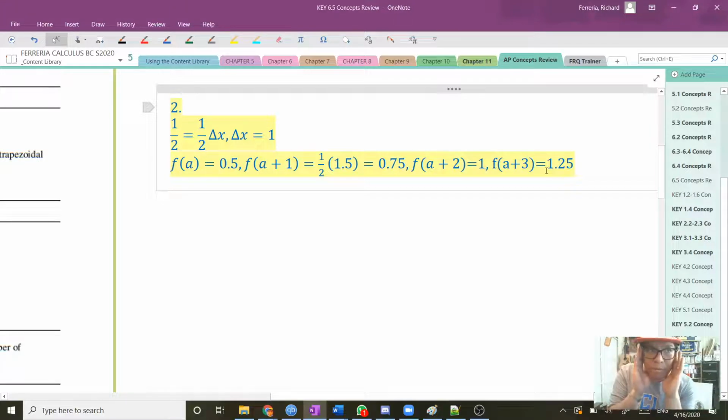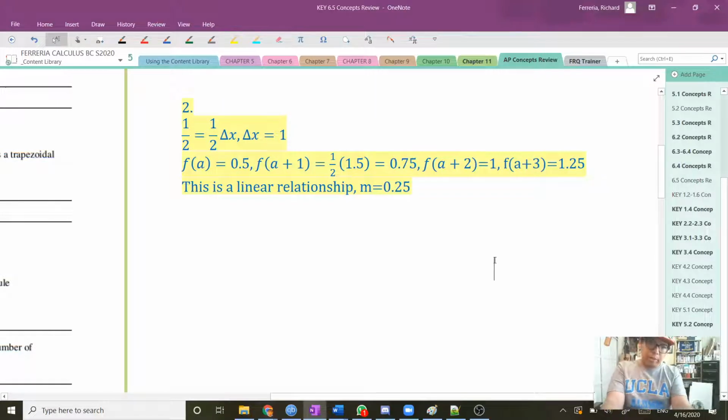So I don't know what the function is per se, but I do know it's going to be a linear function, because when the x coordinates increase by 1, the y coordinates increase by 0.25. So this is a linear relationship with the slope equal to 0.25.